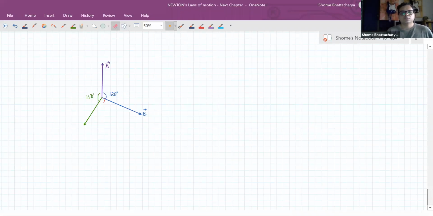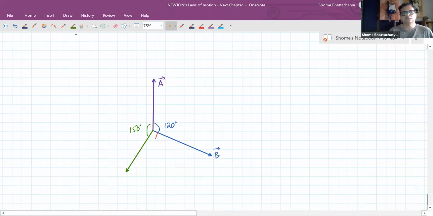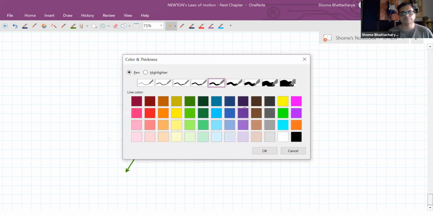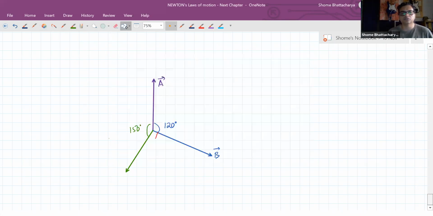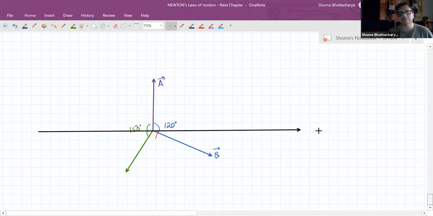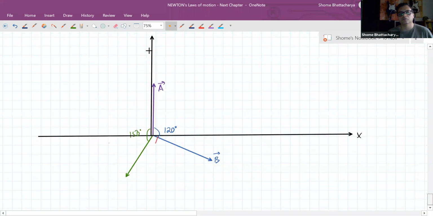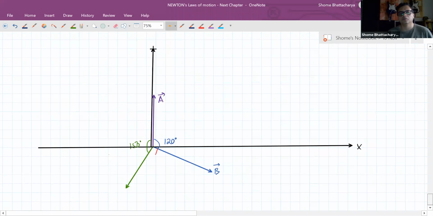Okay, now if we are doing this by components, what we'd probably want to do is, because A is the vector which is known to us, we will take the direction of A as one of our axes and divide the other two into components. So let's take the direction perpendicular to A as our x-axis, and the direction along the vector A as our y-axis.